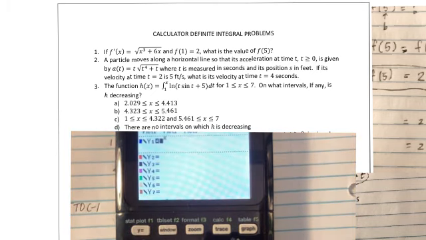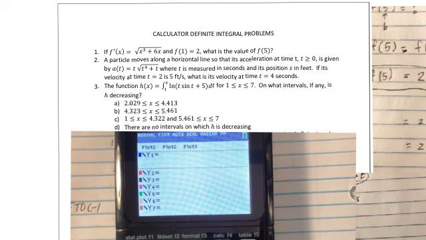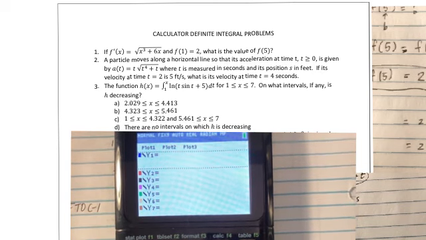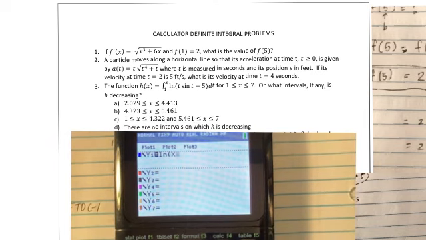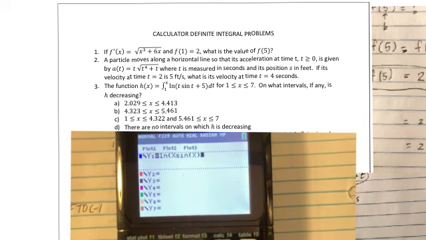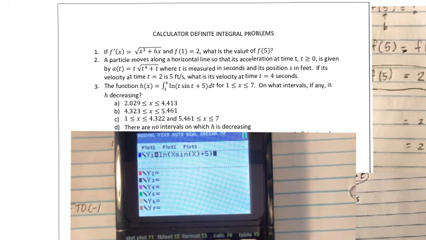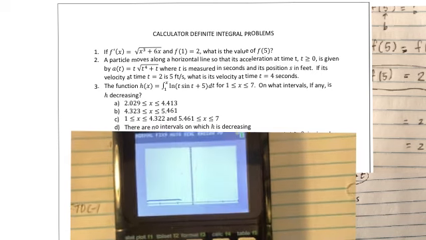Function editor, and then just put the function in here. And the function is ln of x, sine x, make sure you're in radian mode, close that parentheses, plus 5, right? So here I've got a nice function, and I can just go and see what happens when I graph it.